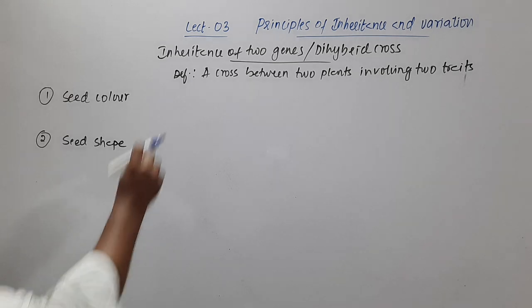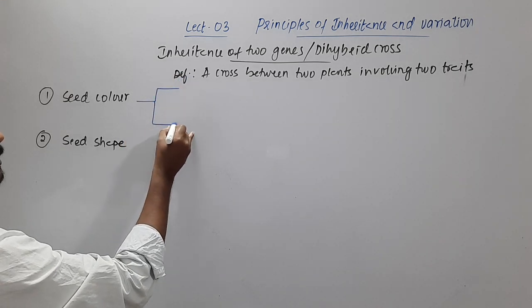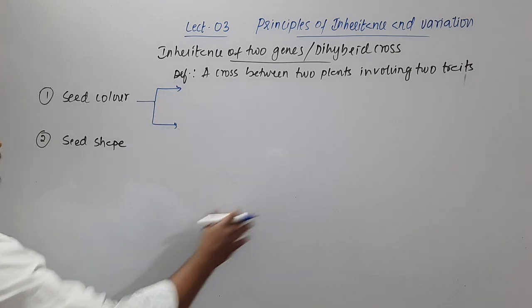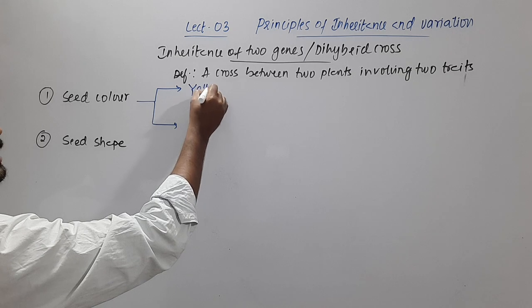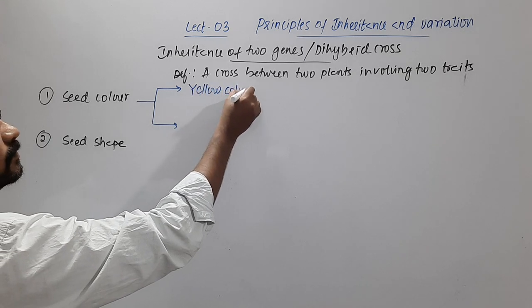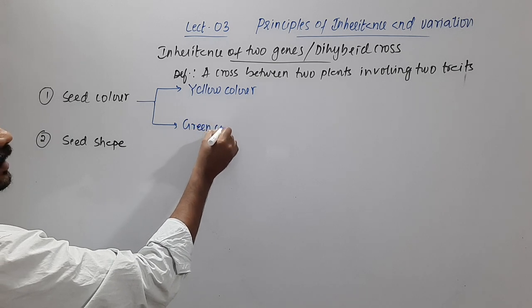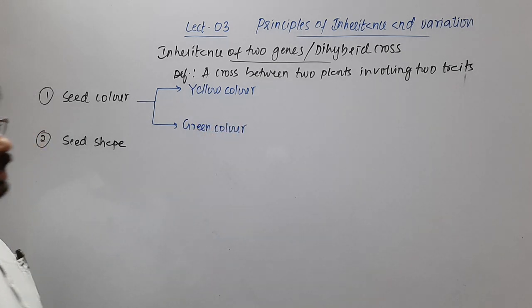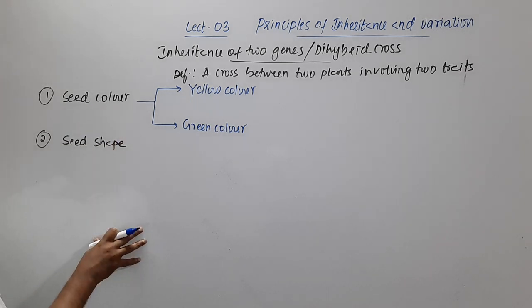Here, seed color in a pea plant, we know there are two alleles for this. One is yellow color and another one is green color. So yellow and green are two alternative forms of the trait seed color.